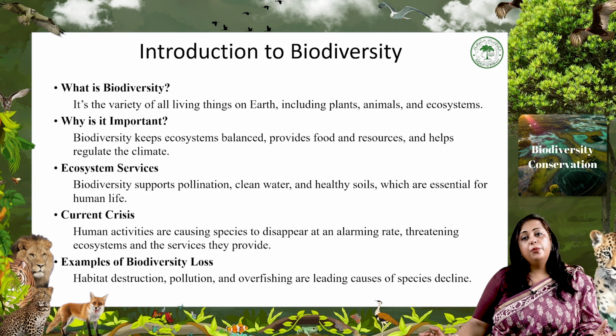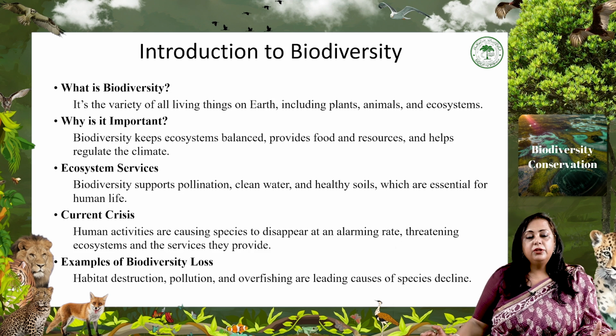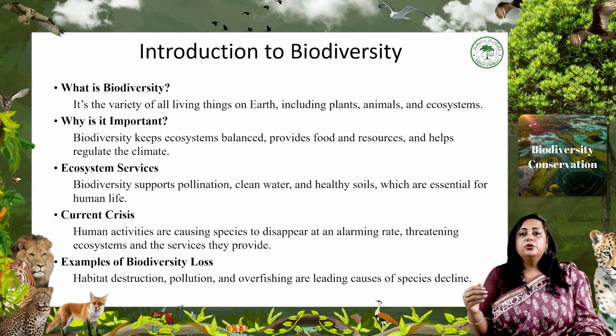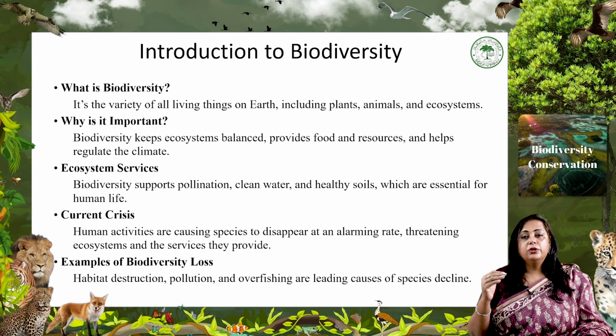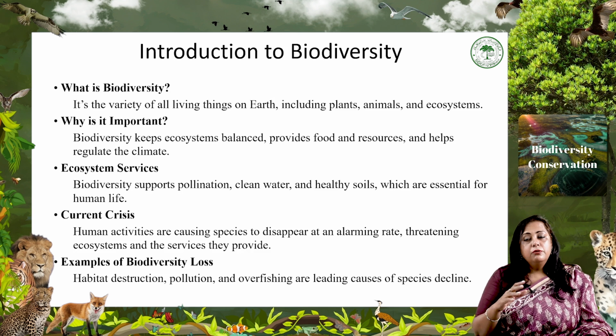Before we talk about the policies, before we talk about the treaties and the formation of treaties, we should know what biodiversity is. I believe by now you have a fair understanding of biodiversity. Biodiversity is actually the variety of all living things on earth, including plants, animals and ecosystems. When we talk about biodiversity, it does not mean we are only talking about the flora and fauna of the forest.